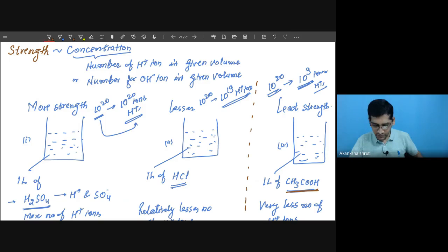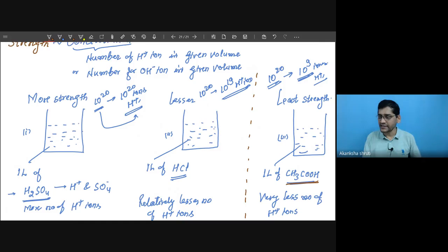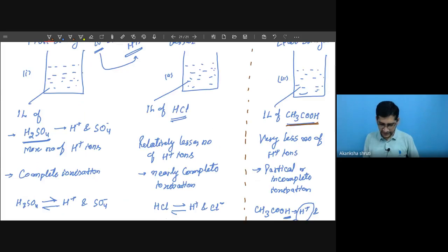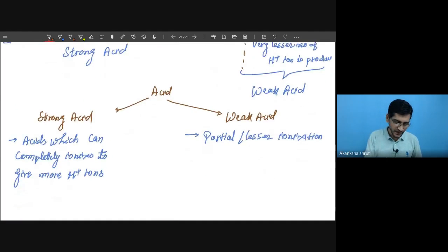Now, are you getting this point? This is very important. In terms of numbers, you need not mug up. I have just explained by taking the number 10 to the power 20. It even contains more than that. That is expressed in terms of moles, and you will learn more in your higher standard. So if we consider ionization, the weaker acids ionize partly.